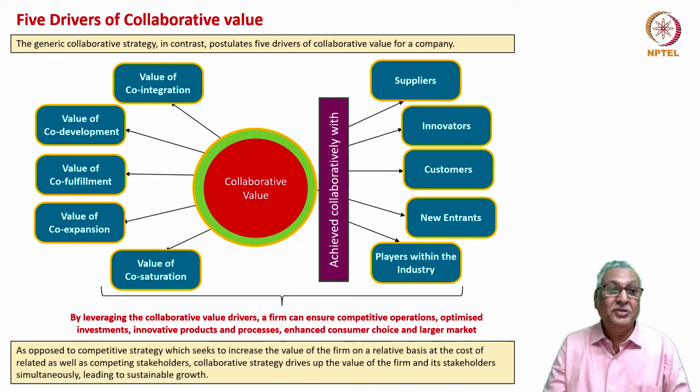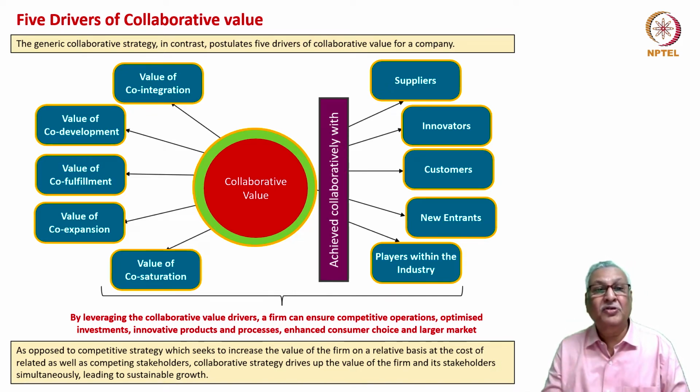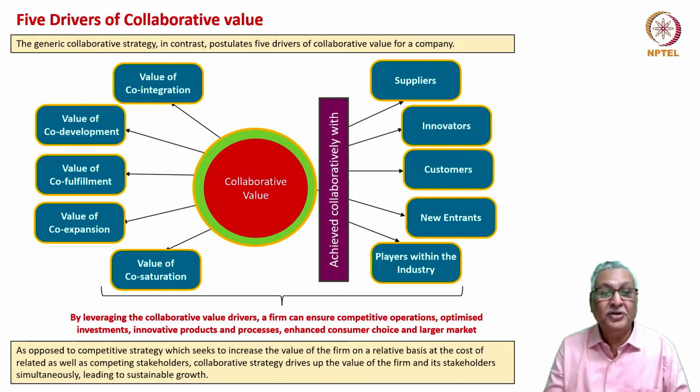In comparison to that, if you look at the 5 drivers of collaborative value, you will get 5 significant benefits. 1, the value of co-integration, the value of co-development, the value of co-fulfillment, the value of co-expansion, and the value of co-saturation. These occur because of collaboration with the following entities: suppliers, innovators, customers, new entrants, and players within the industry.